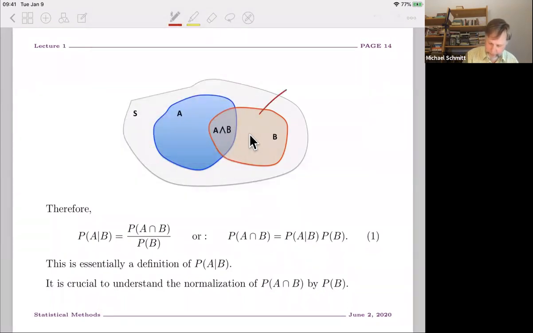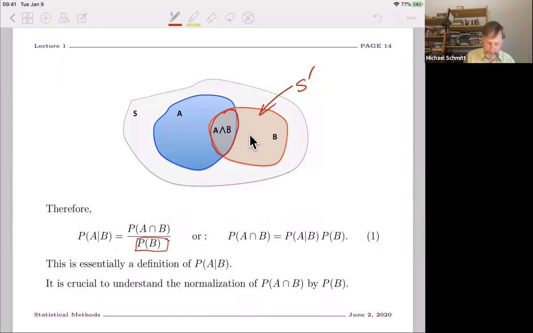This is a subspace of its own, call it S prime instead of B. And now we're looking at this sub-event, which is a subspace of S prime, and asking what's the probability of that. And the reason you need to divide by P of B here is because P of B is not 1, but the probability only makes sense once you've normalized to that.